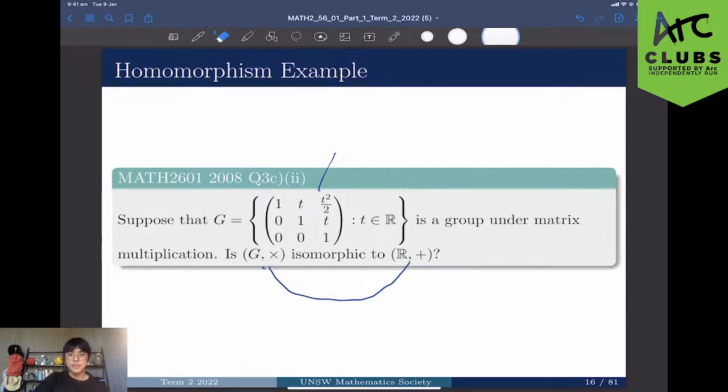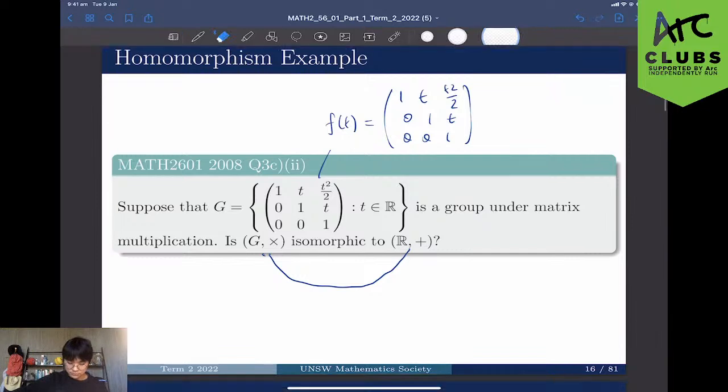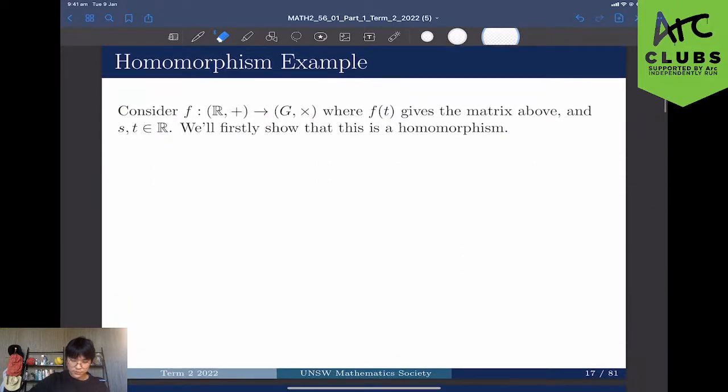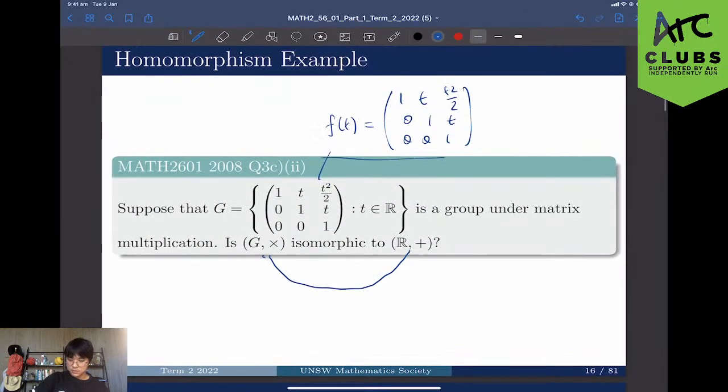So we can set the mapping to be f of t equals this matrix, where we map a real number to a matrix, since only a real number is needed to form this matrix. So we selected the mapping to go from R to G, where f of t gives us this matrix.